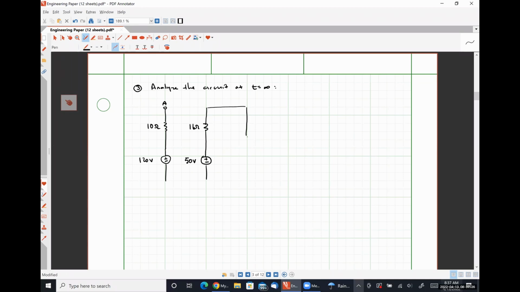in parallel. The 200 ohm resistor through which a current IR of infinity flows. Here we have our second 200 ohm resistor. And we need to determine VC at infinity as well.